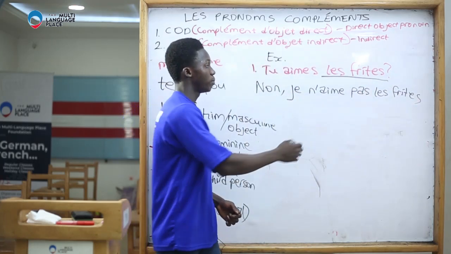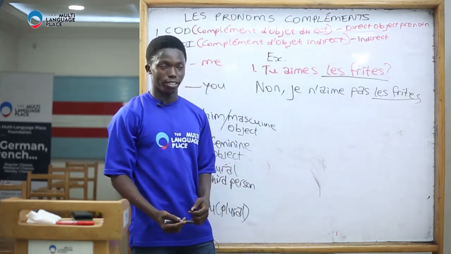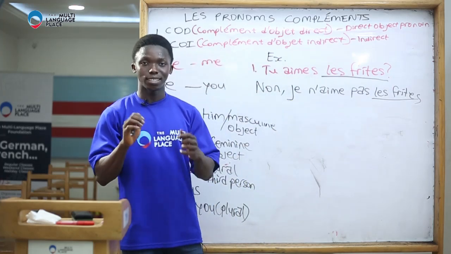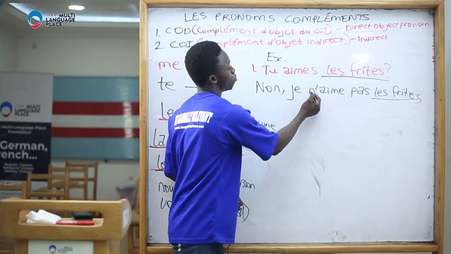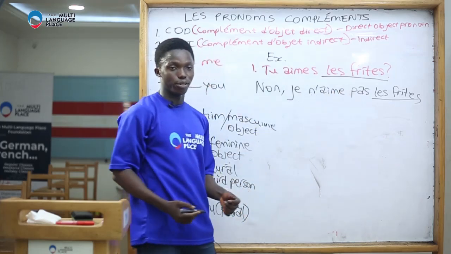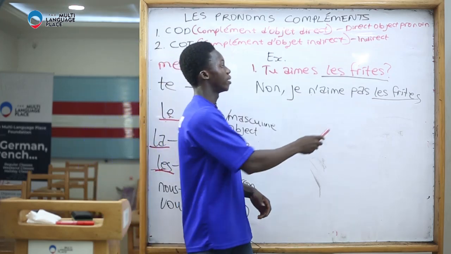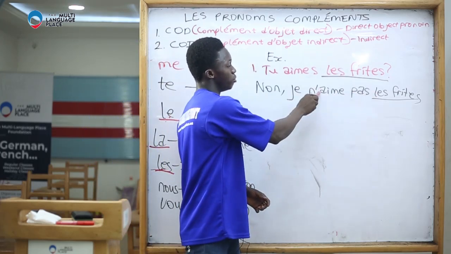And remember, to replace this with COD, it comes immediately before the verb. But in this case, it's a little bit complex because we are negating the verb. So how do we do that? Remember, COD comes immediately before the verb.